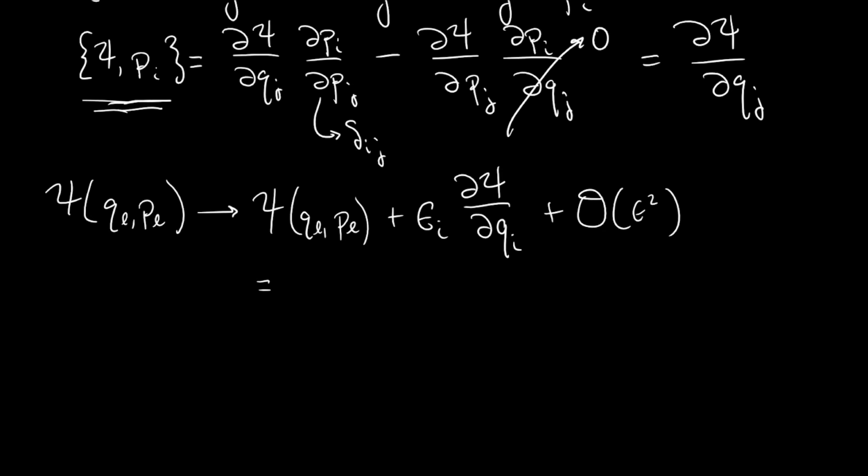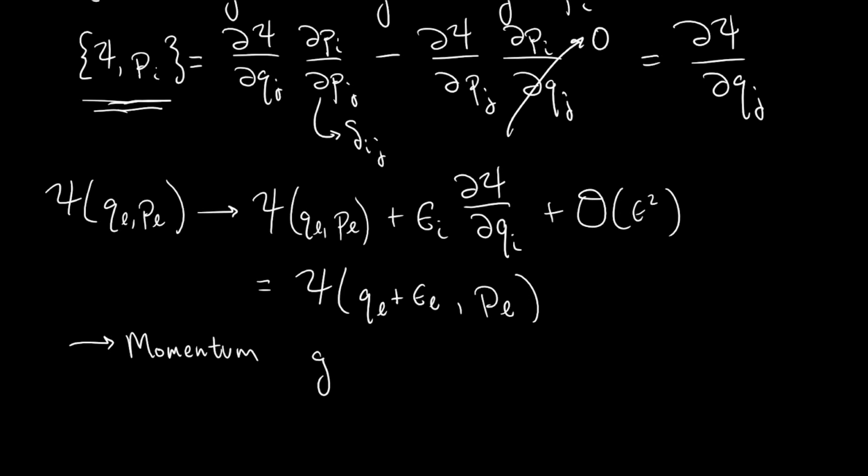This is just an infinitesimal shift in my coordinate, right? q_l plus epsilon e_l. So we say the momentum generates spatial translations.